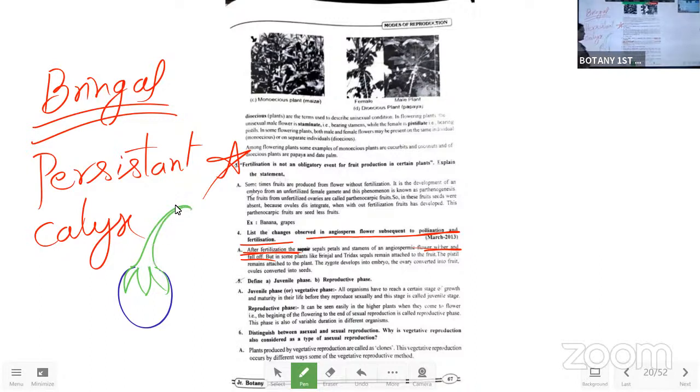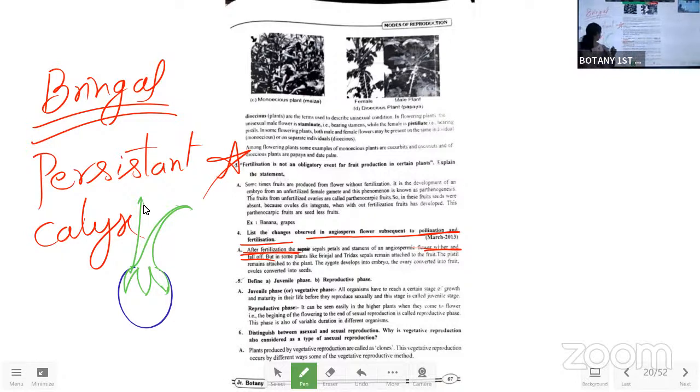Like this, we'll see the brinjal, which has the green colored calyx. That's the persistent calyx, what we are saying. And one more example also, chili. Chili is also having the calyx that is attached after the fertilization.